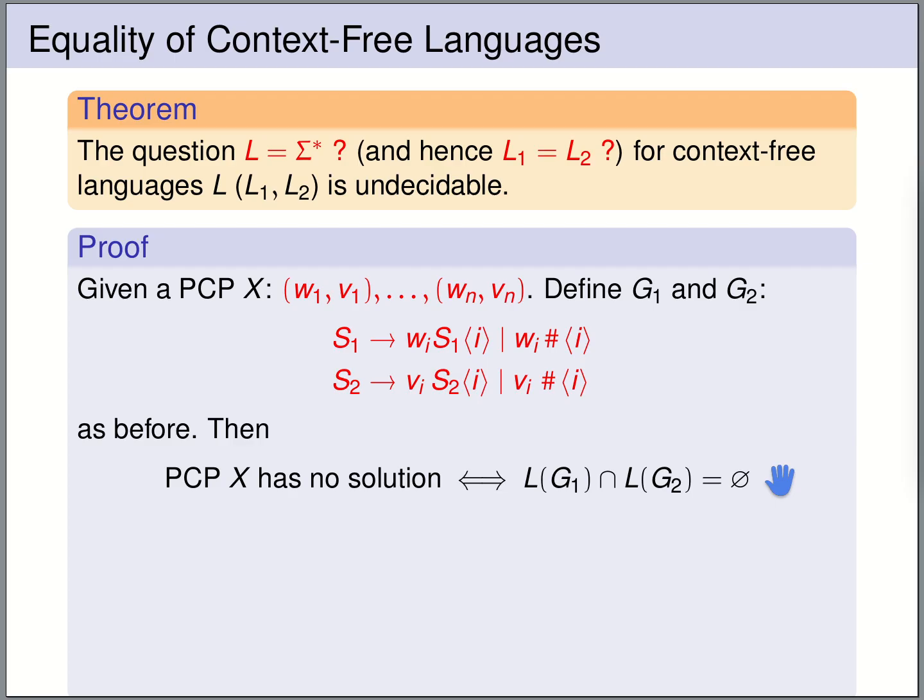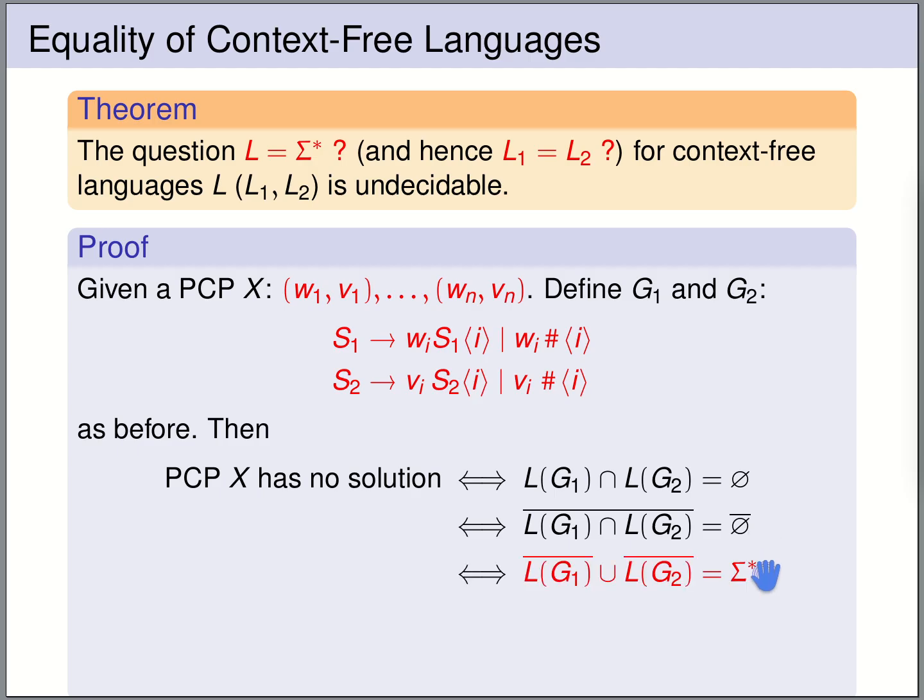Now we take the complement on the left and on the right. So if we take on both sides the complement, we get that this is equivalent to the complement of the left being equal to the complement on the right. The complement of the empty language is the language containing all words over sigma. And the complement of the intersection of the language of G1 and the language of G2 is equal to the union of the complement of G1 and the complement of G2.